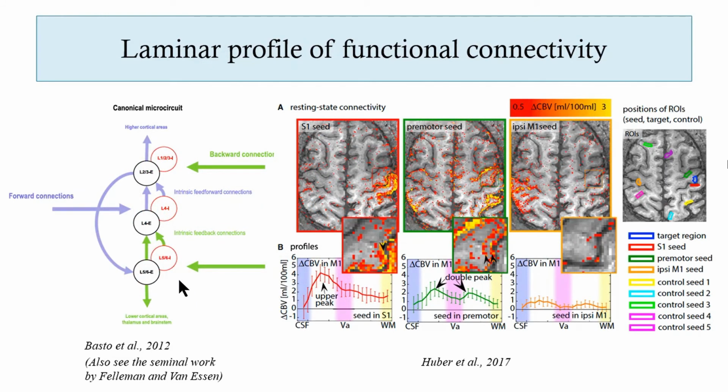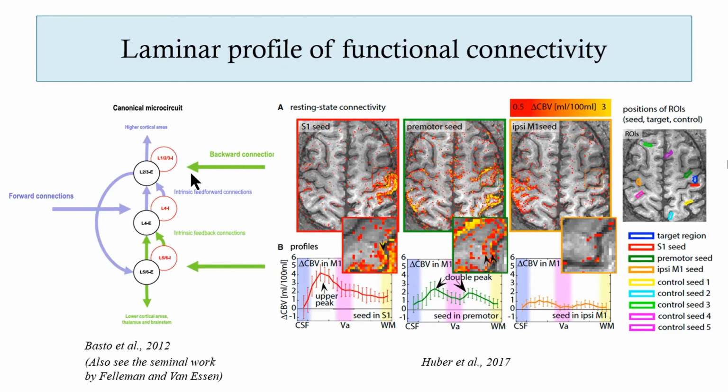Another one: if you push down the resolution to look at the laminar profile of functional connectivity, we know for years there's been a canonical microcircuit. This microcircuit shows the forward and backward connections that end up in different cortical layers. So the extrinsic connectivity has this laminar profile.